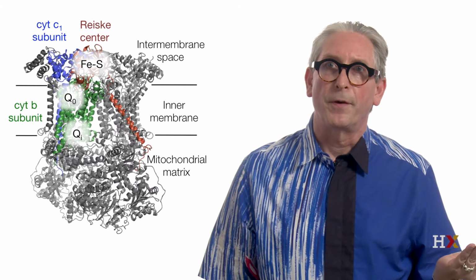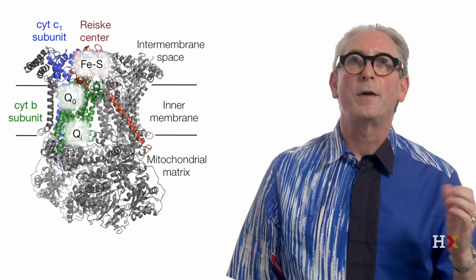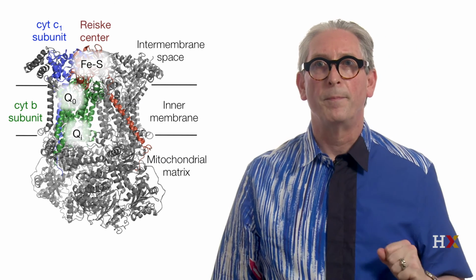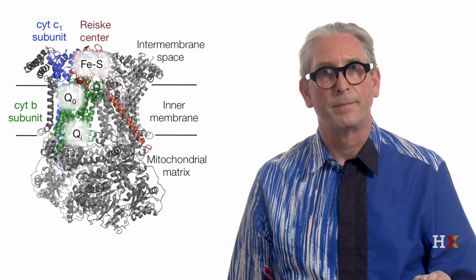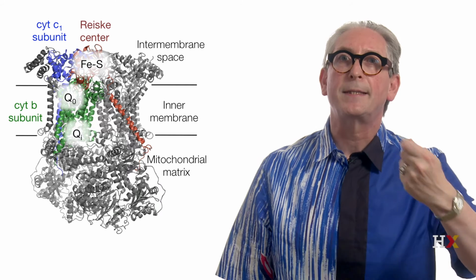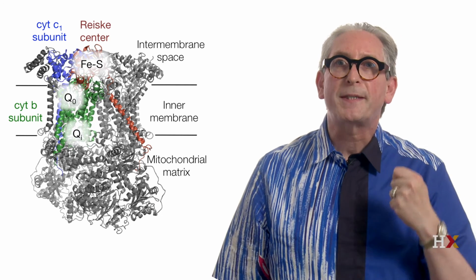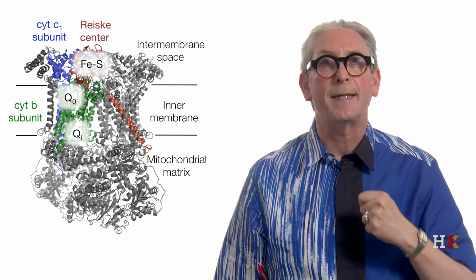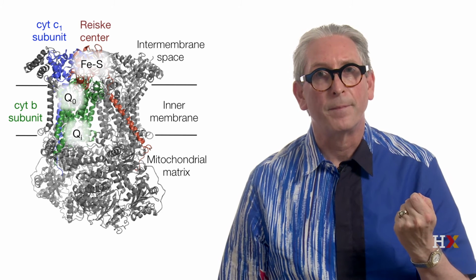The electron transfer from coenzyme Q to cytochrome C poses a challenge. Indeed, coenzyme Q can donate 2 electrons, but cytochrome C can only accept 1 electron.